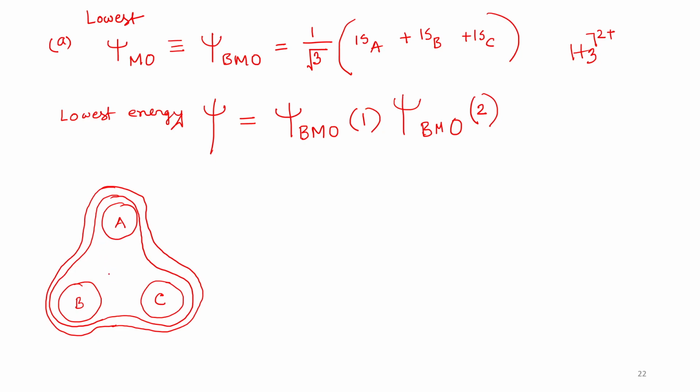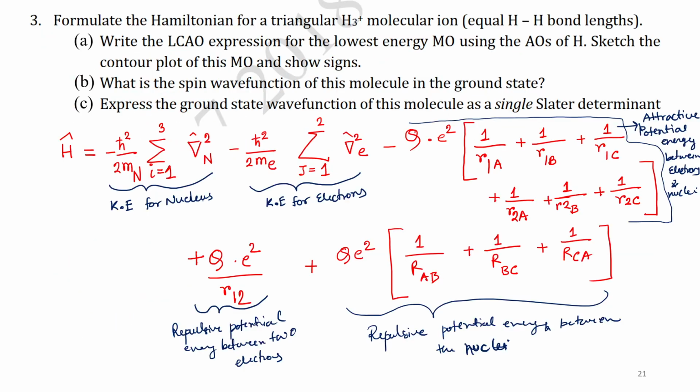The overall sign is going to be plus, right? Because this is plus, plus, plus, plus. I can write here a big plus, something like this. This is going to be the contour diagram. So the sign we have shown.